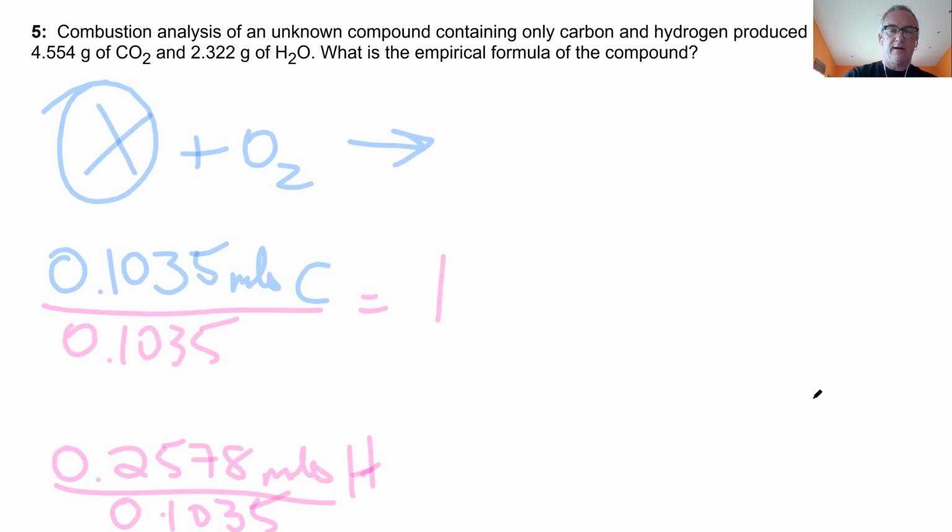So that gives us 1. And what's my answer for hydrogen? 2.49, which is 2.5.